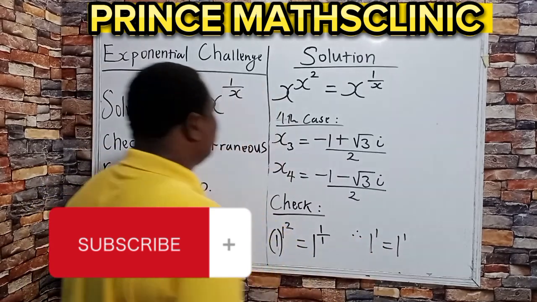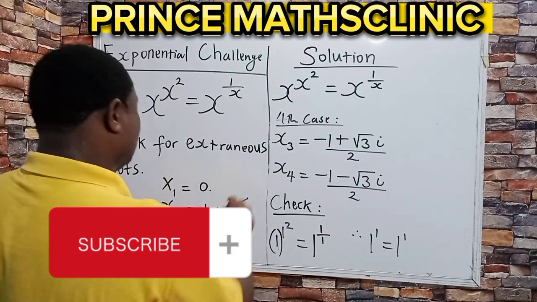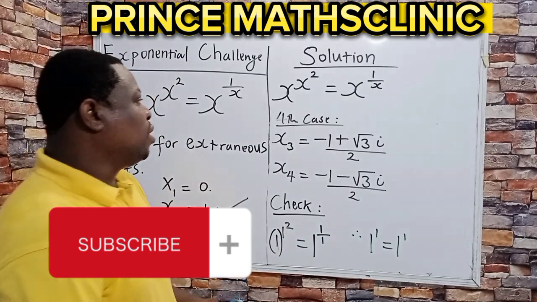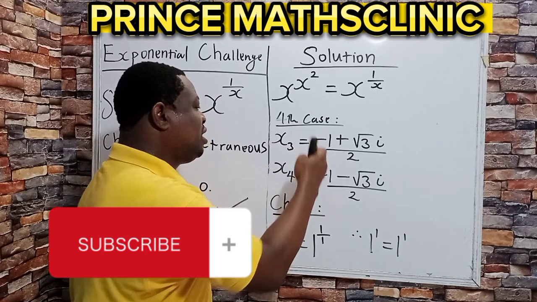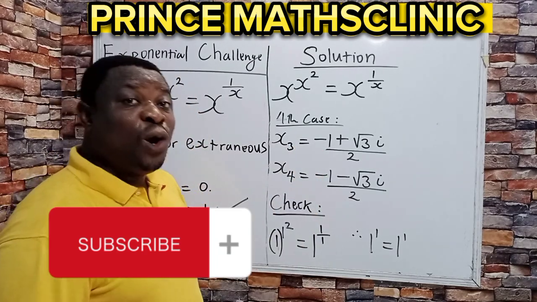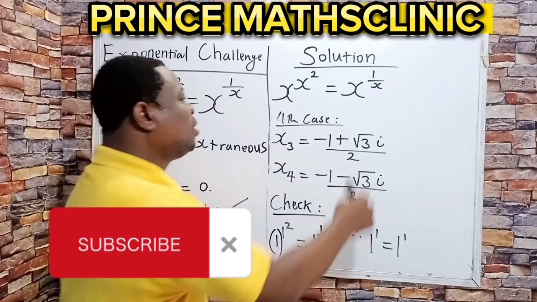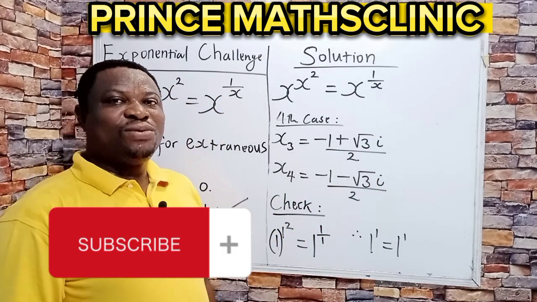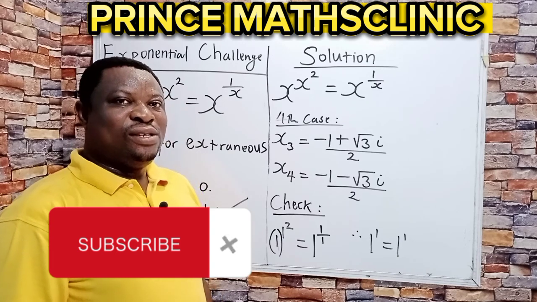So they are equal. So it means this solution is valid. And of course, substituting the values for x3 and x4 are not real, because of the imaginary numbers that we have there.